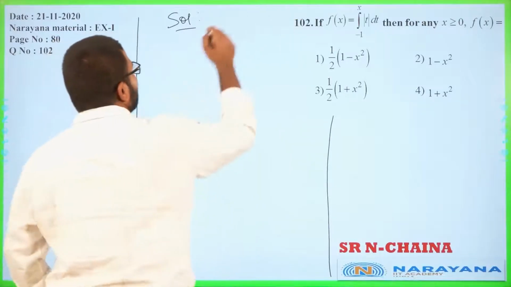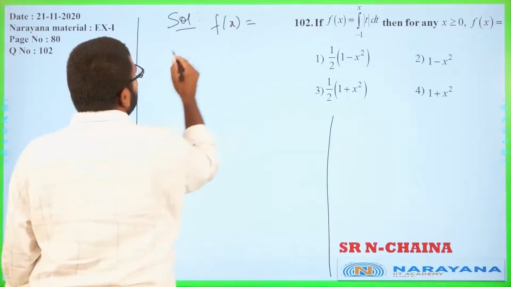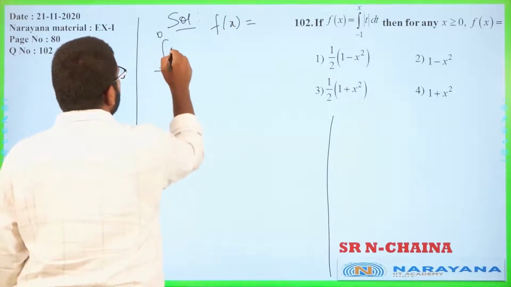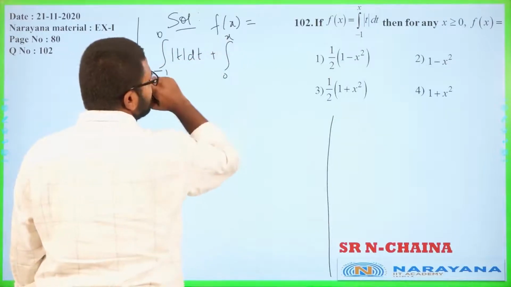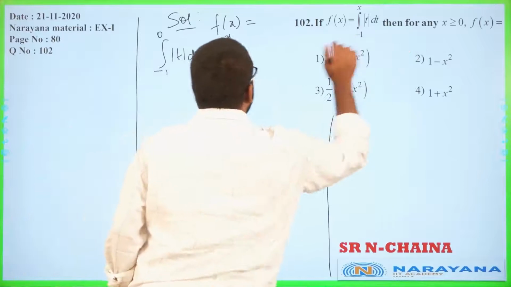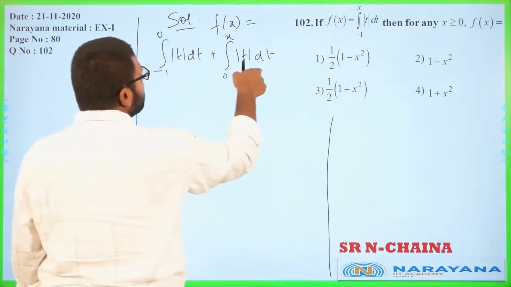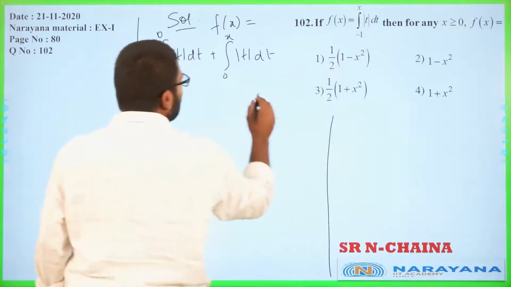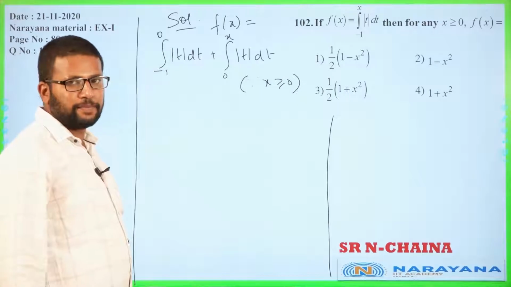So because of mod, once again we will say f of x equals integral minus 1 to 0 of mod t dt plus integral 0 to x of mod t dt. We are able to do this because it is given that x is greater than or equal to 0.